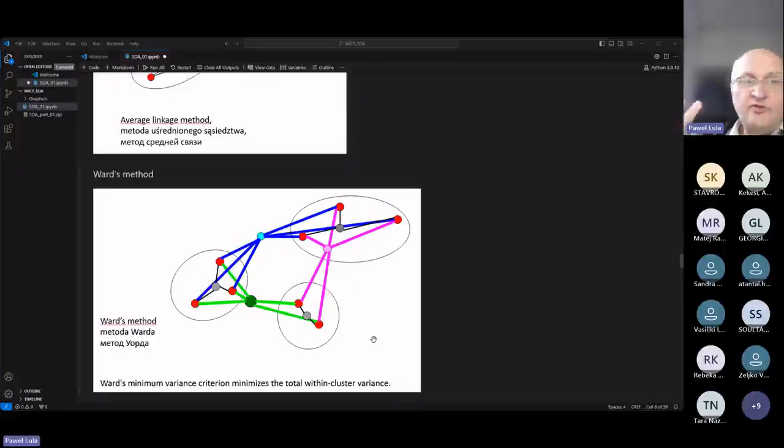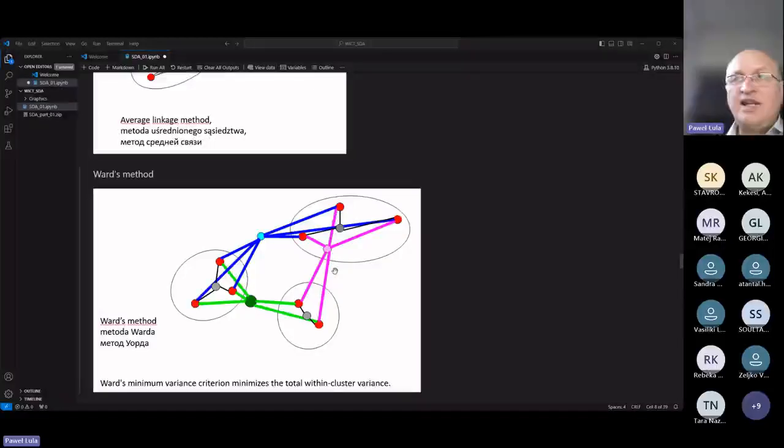So we have 3 possibilities. In every possibility, we see that within cluster variance will increase, because we can think about this variance as the average length of these lines. So always it will increase. Always we will have bigger value for this variance.